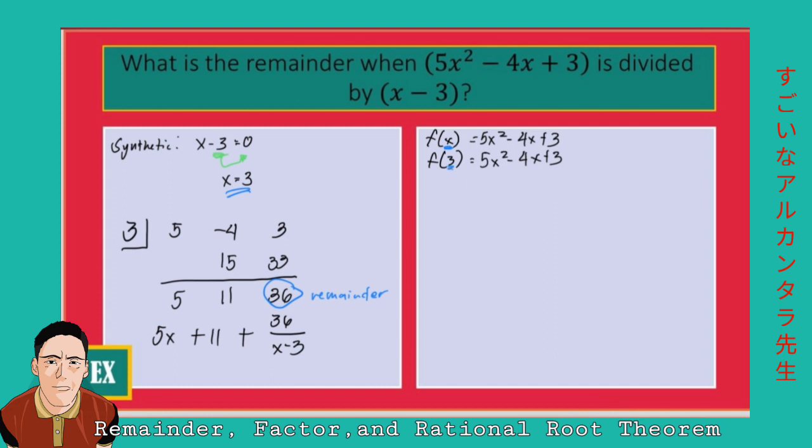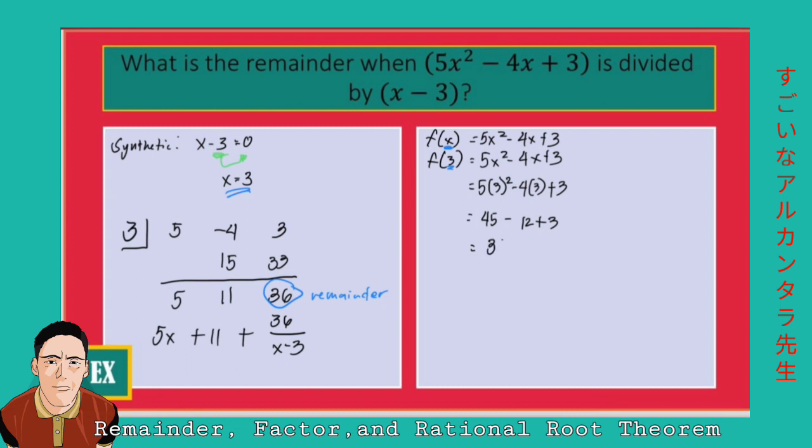So we're now going to have 5 times 3 raised to 2 minus 4 times 3 plus 3. What we're going to have here is 45 minus 12 plus 3. 45 minus 12 is 33, plus 3 is 36.